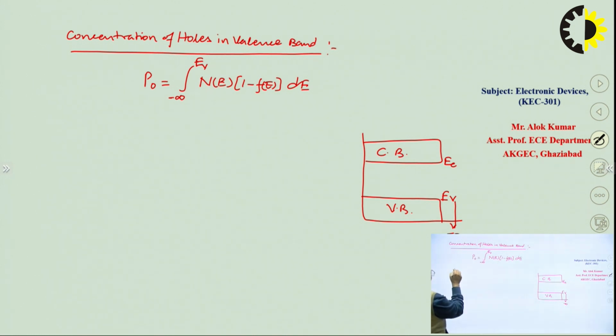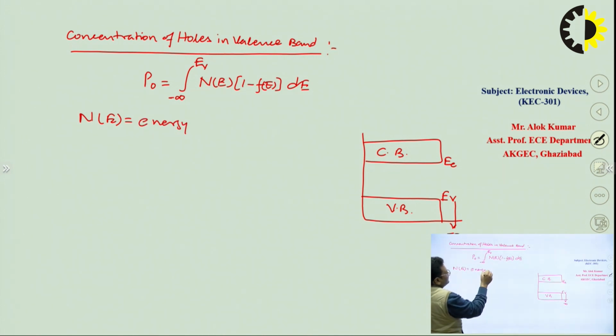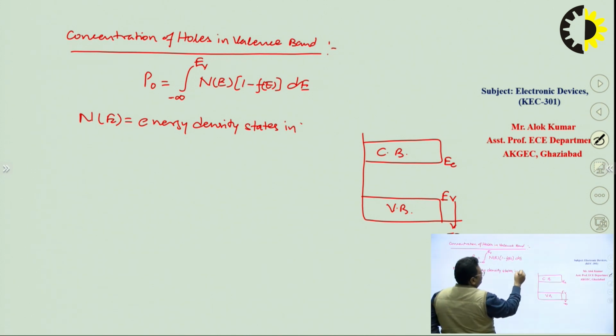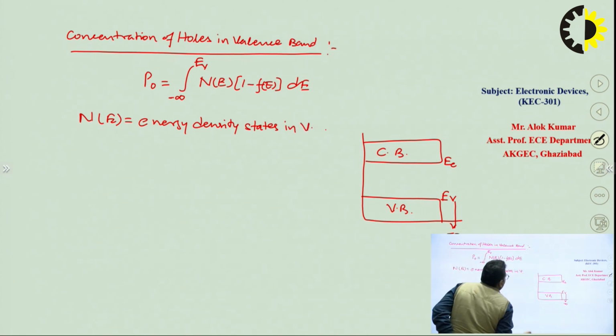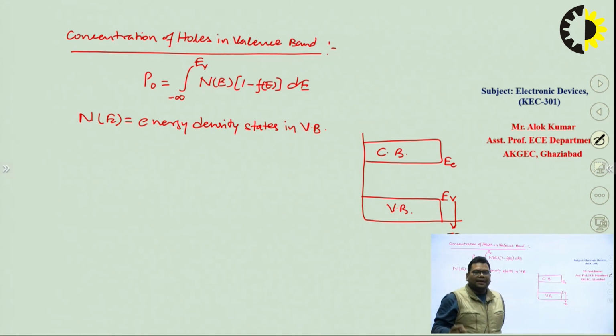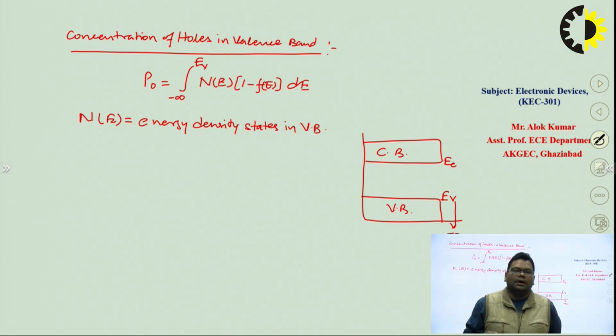So here NE is the energy density of states in valence band, right. And again 1 minus FE: we know FE is the Fermi Dirac distribution function, and FE represents the probability of electrons, right.